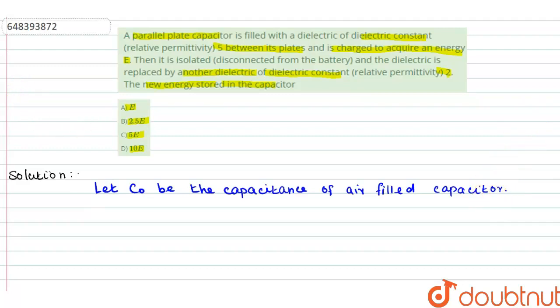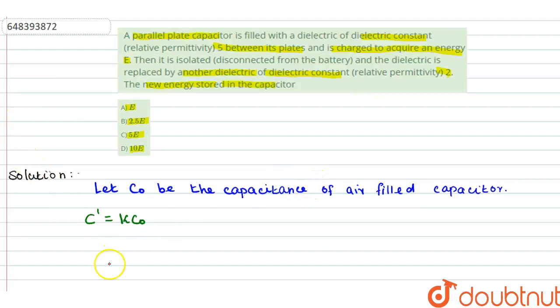Now, when the dielectric material with dielectric constant K is filled, then the capacitance becomes, let's take the capacitance C dash. So the new capacitance after the dielectric is filled is K times C0, where C0 is the capacitance of the air-filled capacitor.